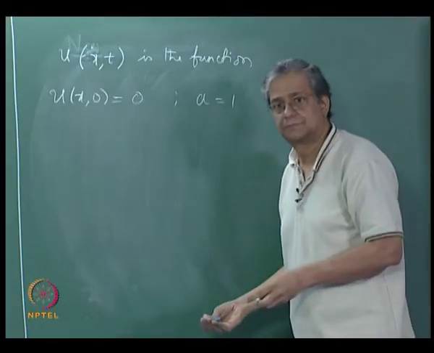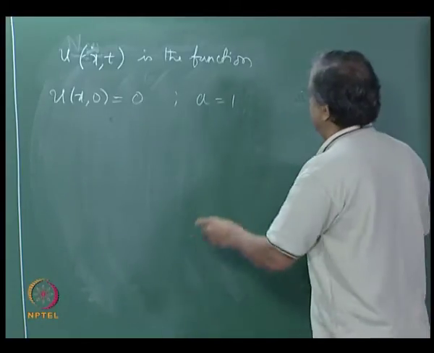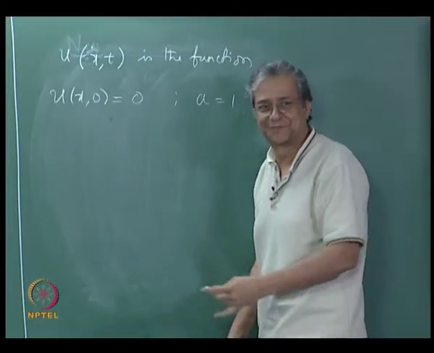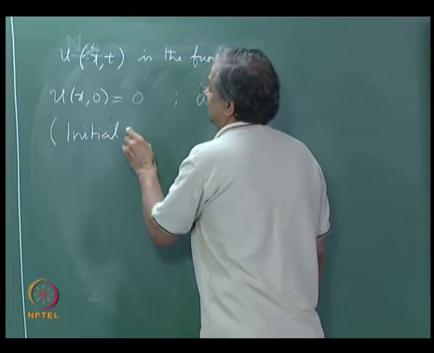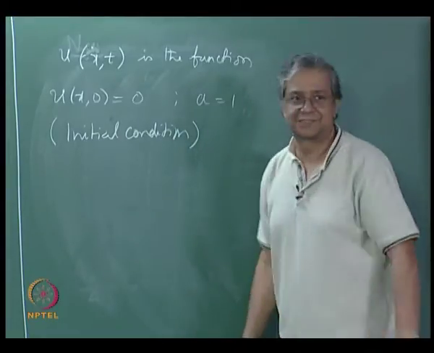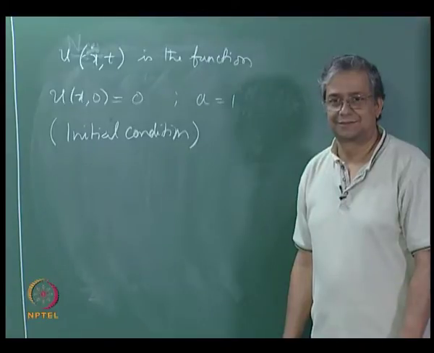No, t equals 0, this is the initial condition. You have to be a bit careful: since we are saying time, you come up with two different names. We say initial condition and boundary conditions; that is the initial condition.